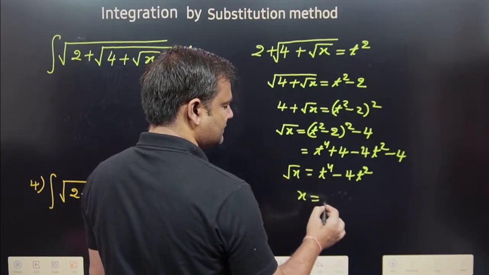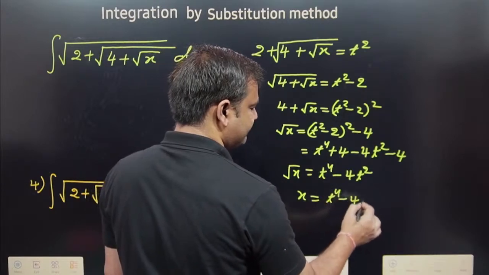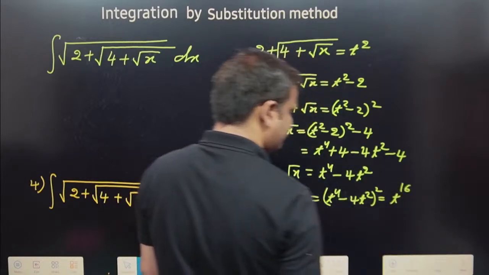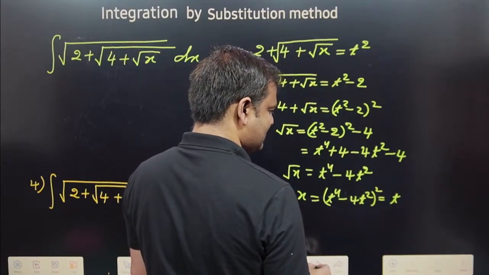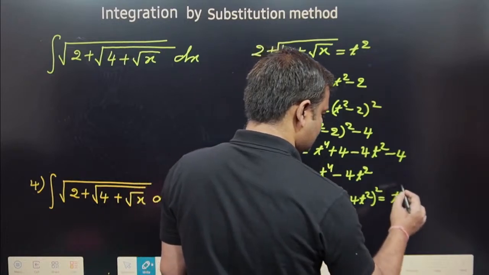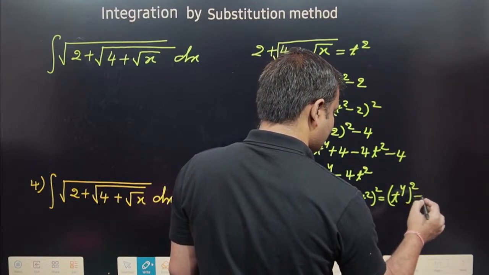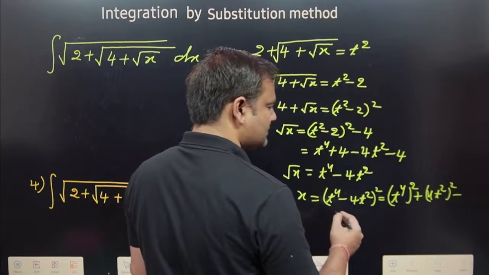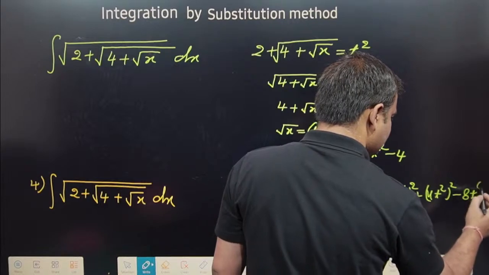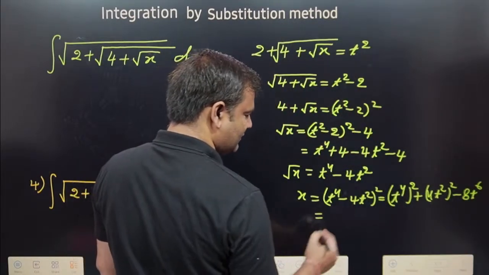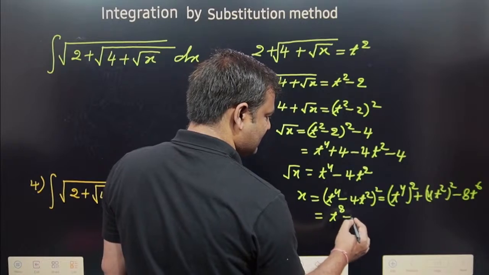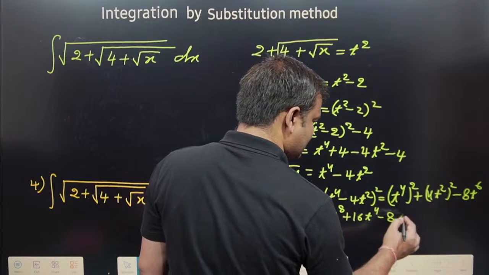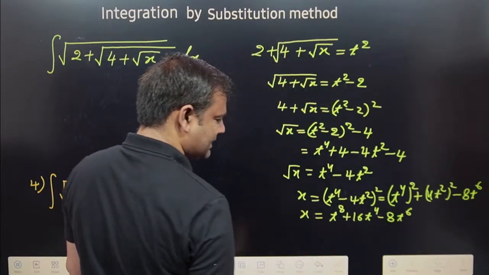So what about x? Squaring both sides, we get t to power 4 whole square plus 4 t square whole square minus 8 into t to power 6. That is t to power 8 plus 16 into t to power 4 minus 8 into t to power 6, that is x.